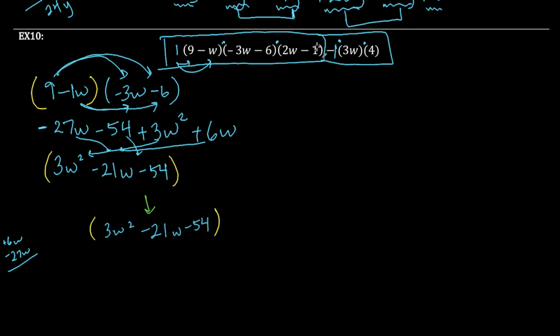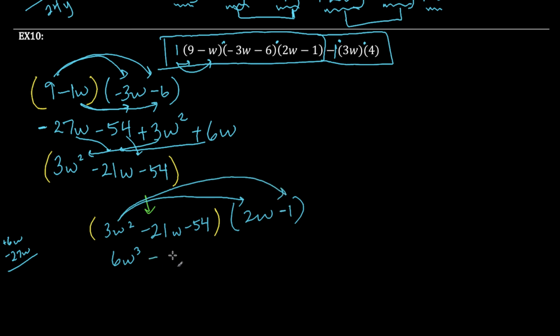I'm going to multiply all of that by 2w minus 1. A positive times a positive is a positive 6w, w squared times w is w to the third power. A positive times a negative is a negative 3w squared.